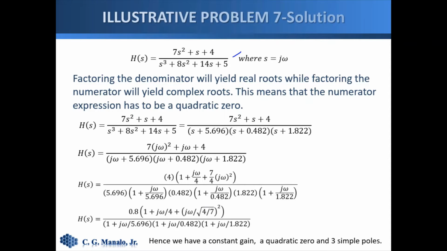So we factor the denominator first, and that should give us these roots. So they are real roots. But factoring the numerator will give us a complex root. So that means that the numerator must be a quadratic zero.